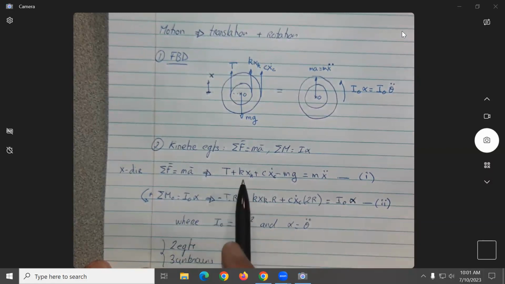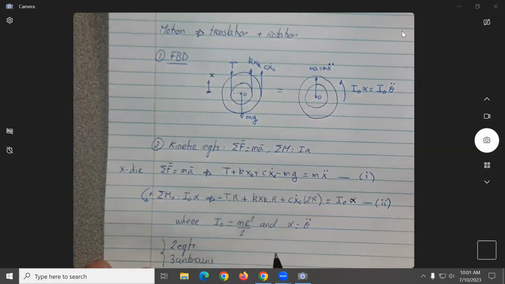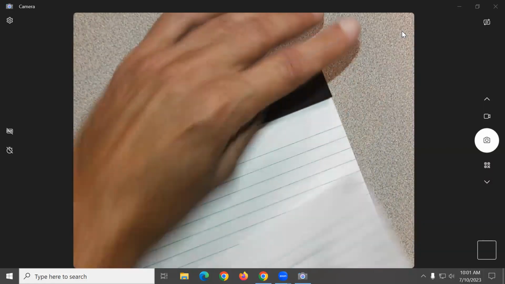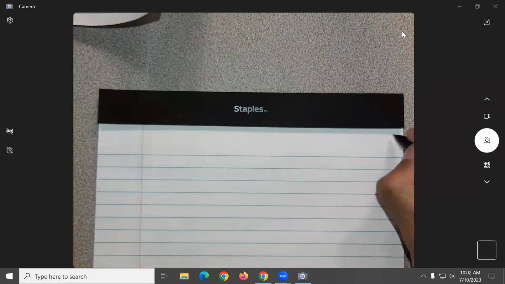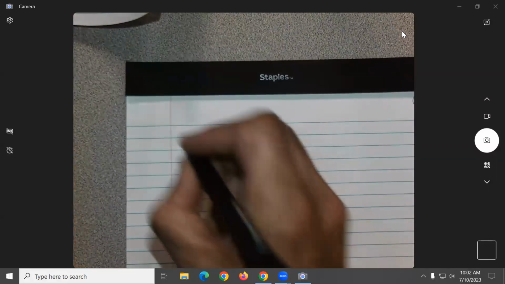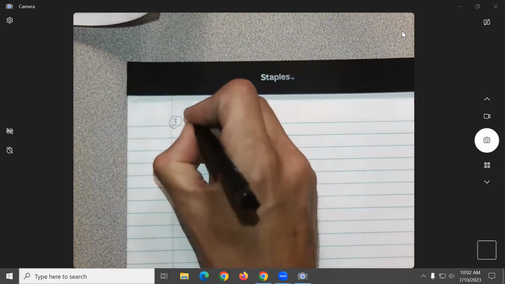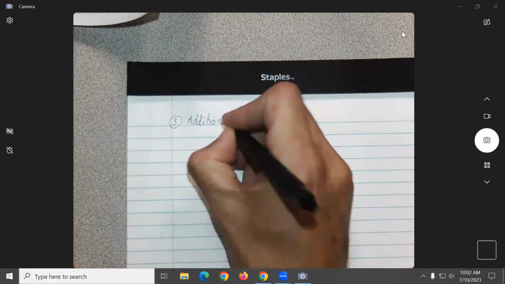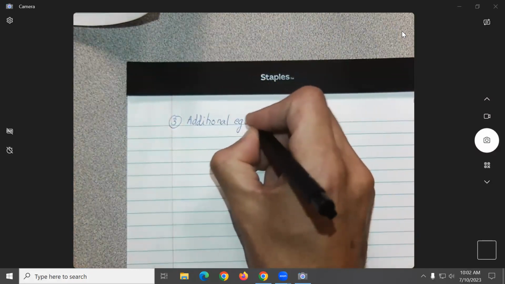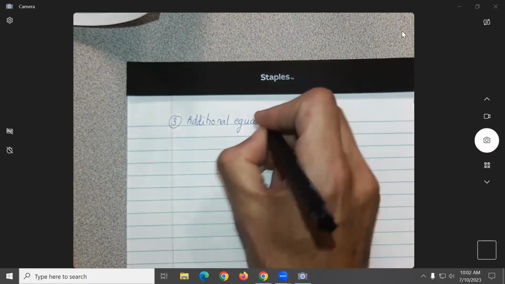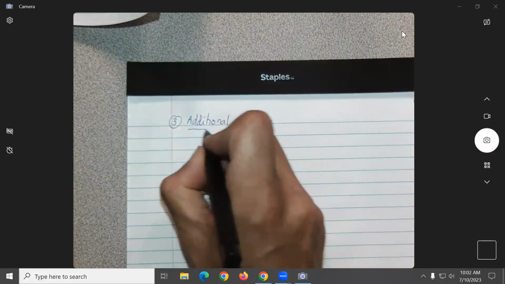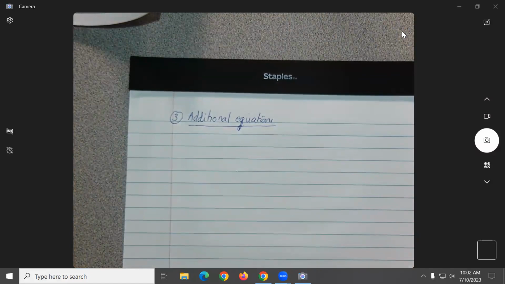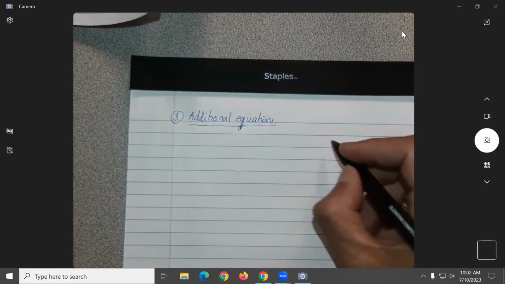All right, so let's see if we can find a relation. So step 3 will be additional equations. So let me just redo the figure here again.